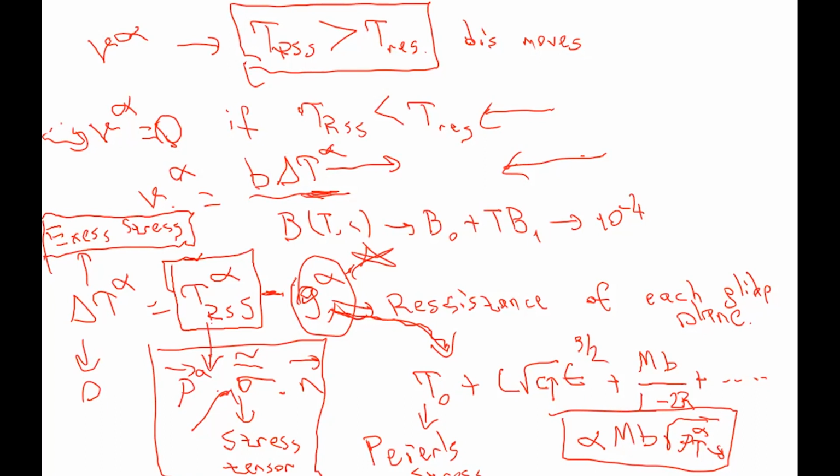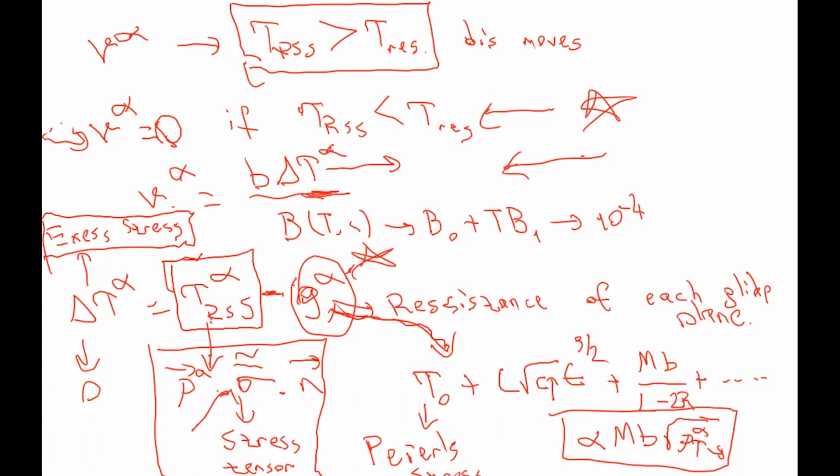But before that, we only have elastic stress, elastic strain. Then our tau RSS is less than lattice resistance. So we are at this region. Once you calculate your excess stress, you see that in the elastic region, the lattice resistance is greater than your tau RSS.